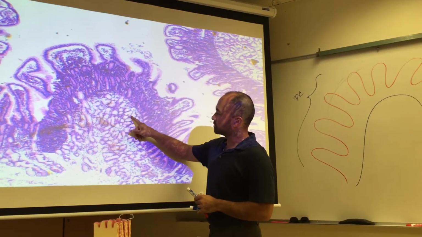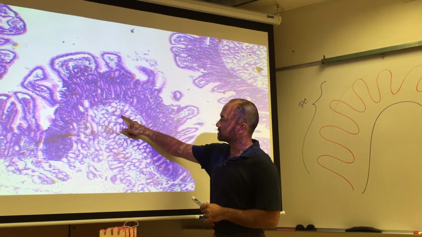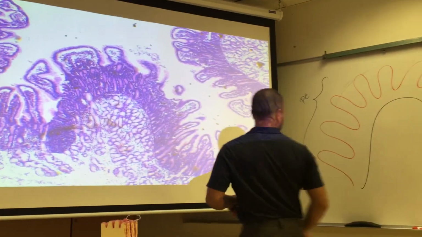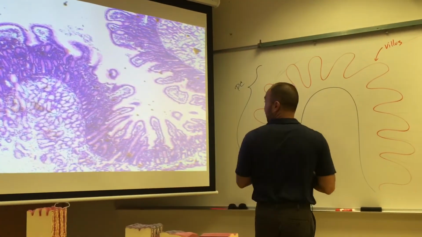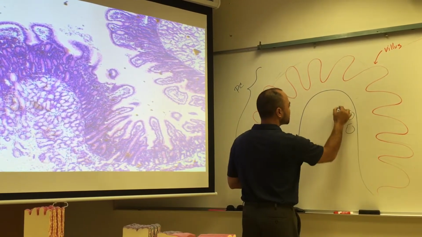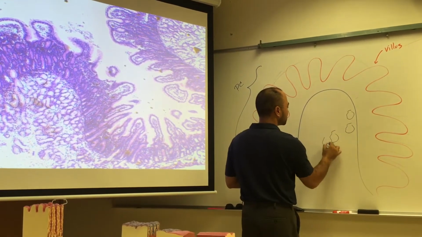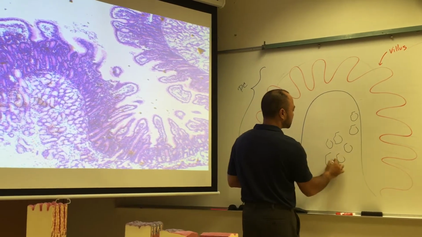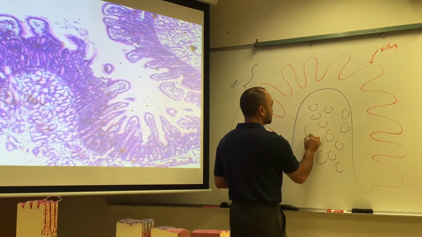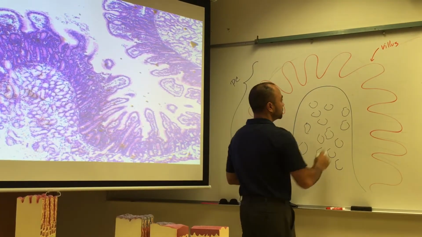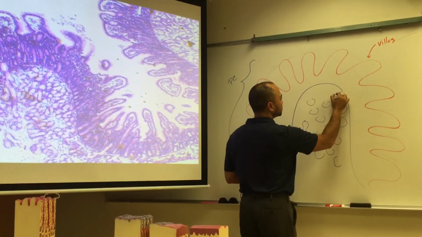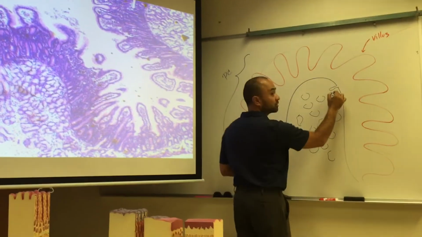You'll notice there are these really light glands here, and then some dark glands over here. So there are some of these light glands over here. They kind of look like little blobs. In reality, they are going to make a little pathway.